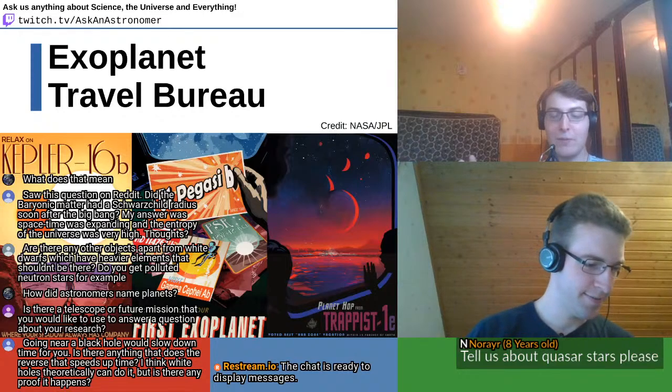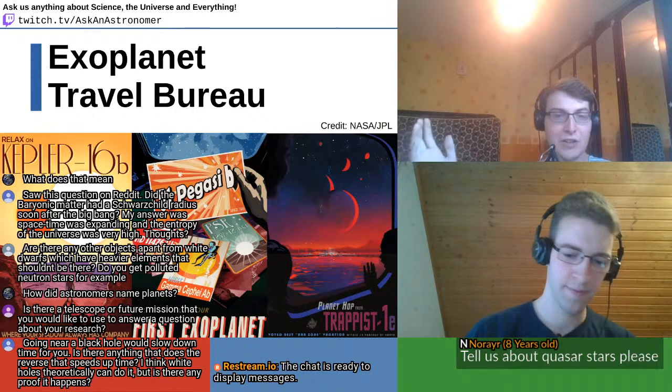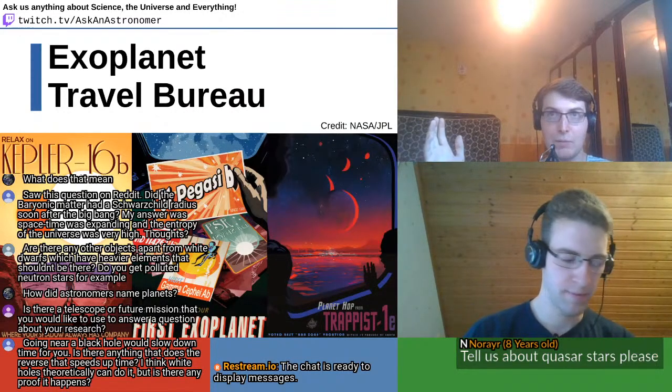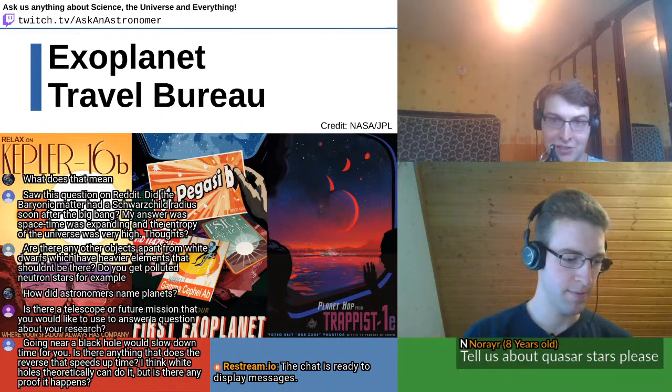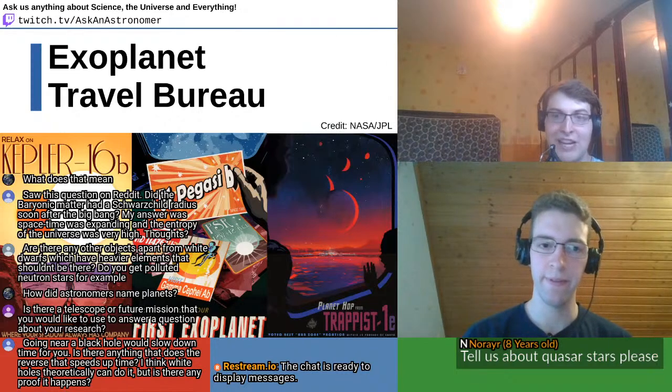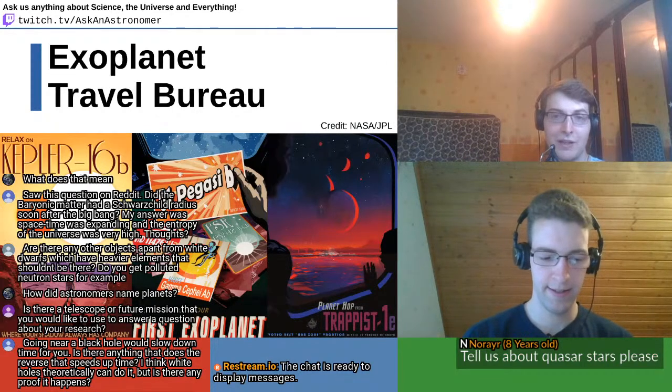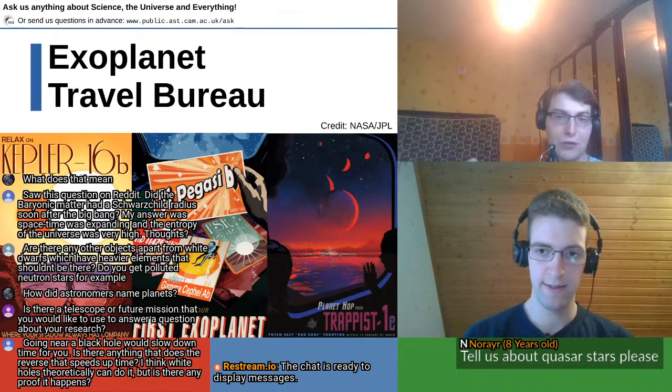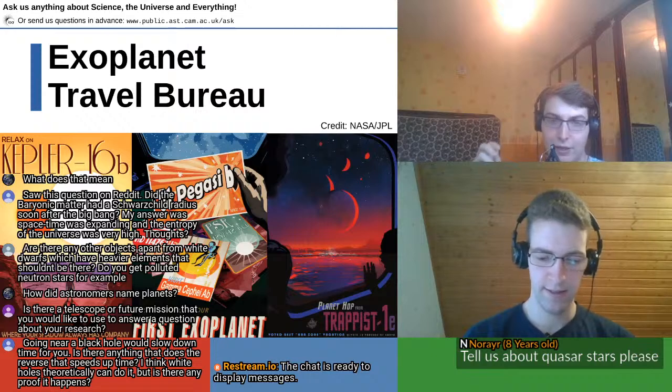But I think the idea is that this planet gets too close to the white dwarf and gets ripped apart because the gravity's too strong. The pieces of the planet form a disk around the white dwarf, and the debris in this disk can move onto the white dwarf and fall into the atmosphere.